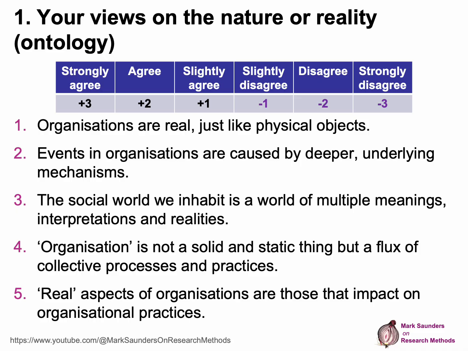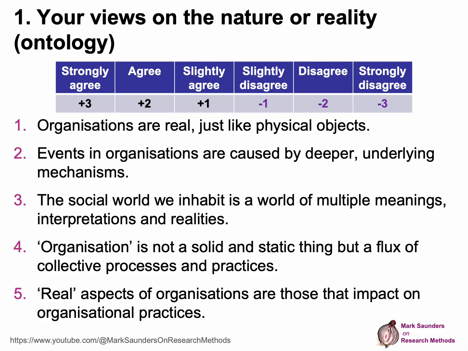We're now going to record your agreement or disagreement in relation to the 5 statements on the nature of reality, or your ontology. On the sheet of paper you've got, against each statement, record whether you strongly agree, slightly disagree, or strongly disagree, using the numbers you've already written on your sheet.